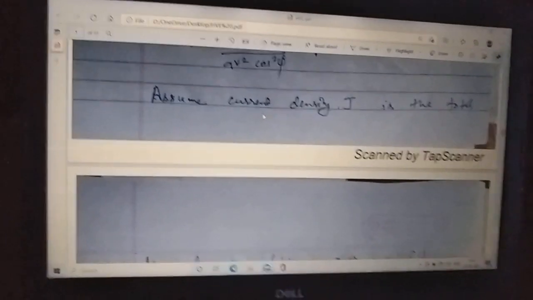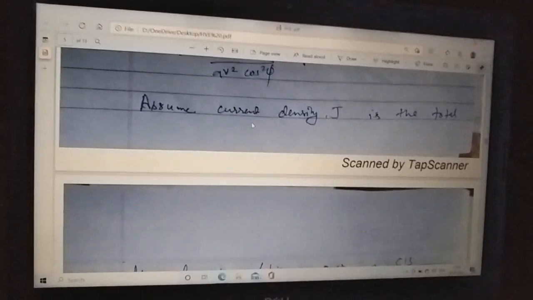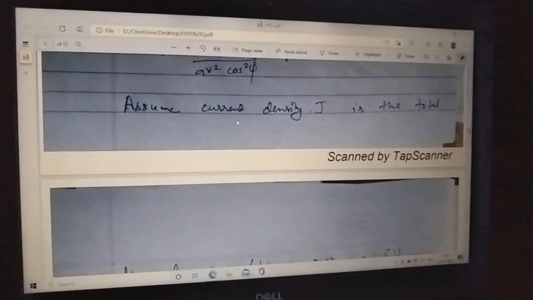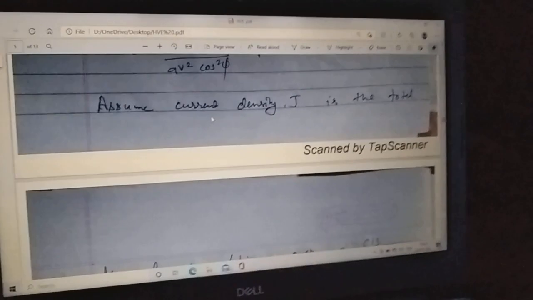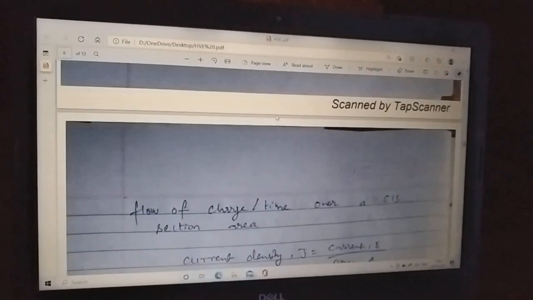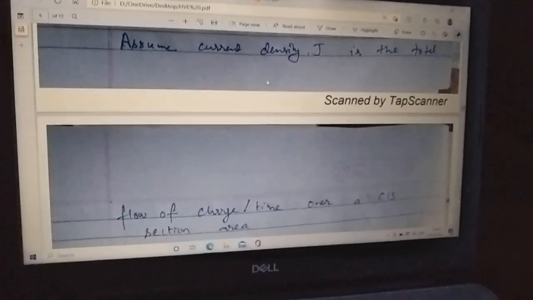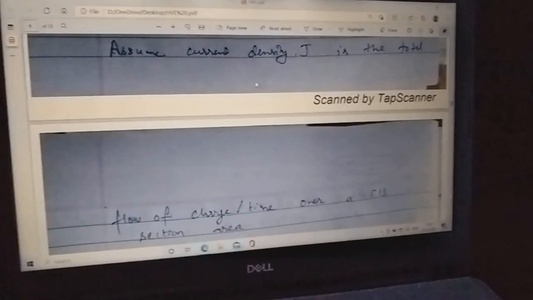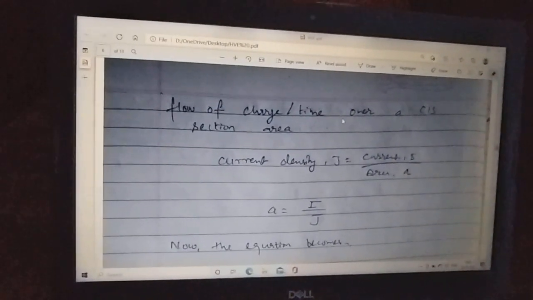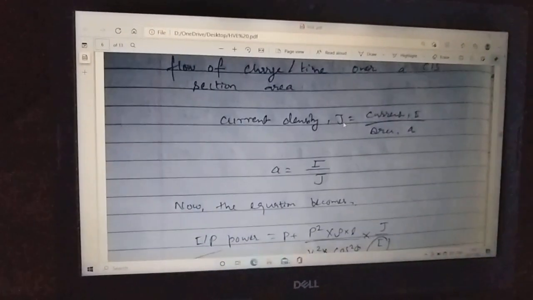And if we look at current density, density is always measured over an area or volume, as something passing through it. So J is the total flow of charge per time over a cross-sectional area.